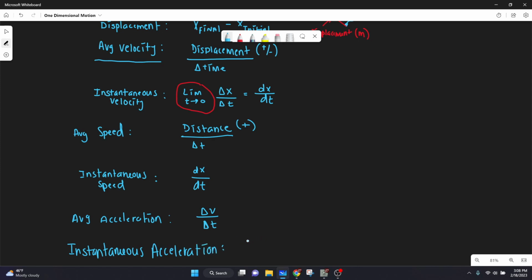This is going to be the limit as t approaches 0 of the change in v over the change in t. Again, which we could represent as dv/dt, or the derivative. So a little bit of calculus once again. And so there we have all of the major terms you'll use in motion in one direction.